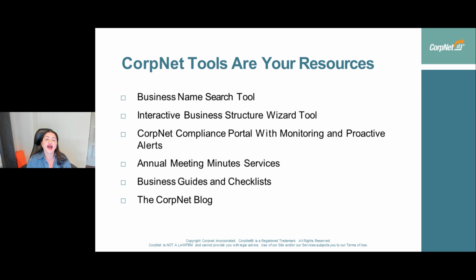So to give you an idea of the resources that we have here at CorpNet, first of all, let's talk about that example of when we were going over the foreign qualification steps of a company in California that determines they're doing business, and their activities constitute doing business, in the state of Nevada.